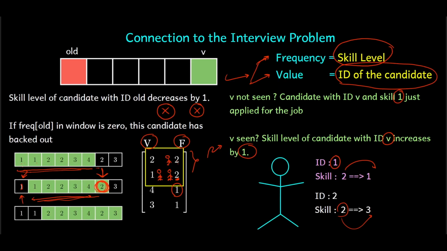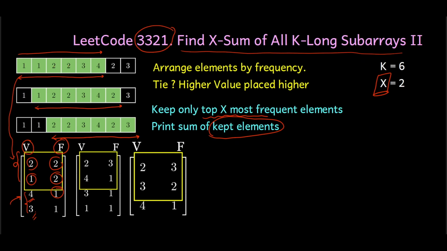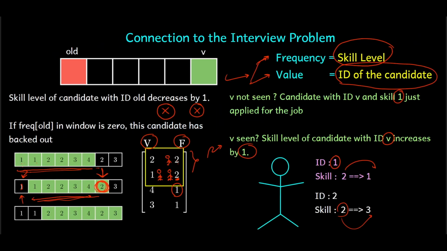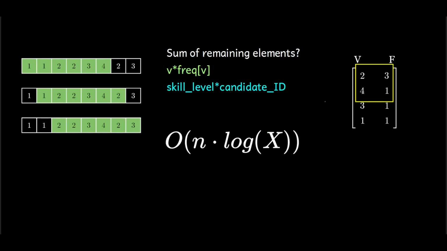So now your original problem also asked you to print the sum of all the elements that you have kept. Now how do you track the sum? So notice that the skill level was the frequency, and id was the value. So to track the sum, if you look at this figure, all you have to do is multiply this with this, because this says that 2 appears 3 times. So 2 comma 2 comma 2.